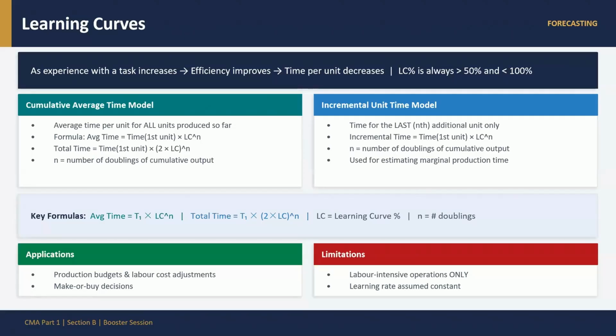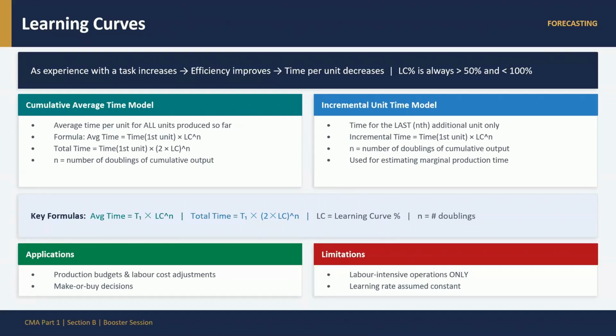So what does it say? It is saying that earlier, you used to take 100% of your time for producing the product. Now, you are just taking 80% of that time in producing this product. That means 20% of the time you have reduced. Let us take another example. A learning curve of 60%.